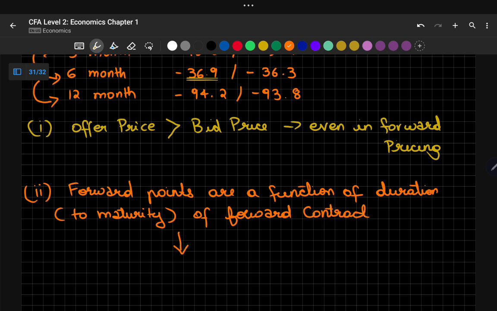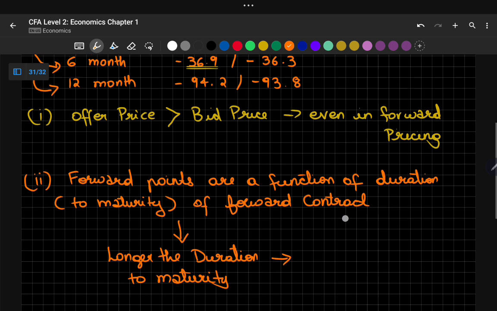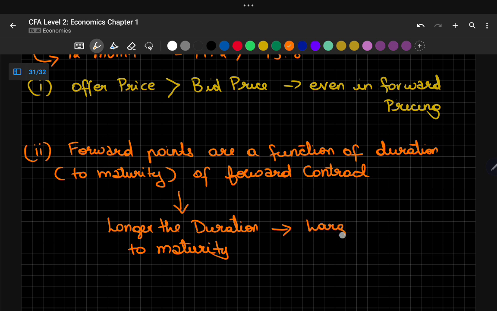So the longer the duration to maturity, the larger the value of forward points, be it positive or negative.